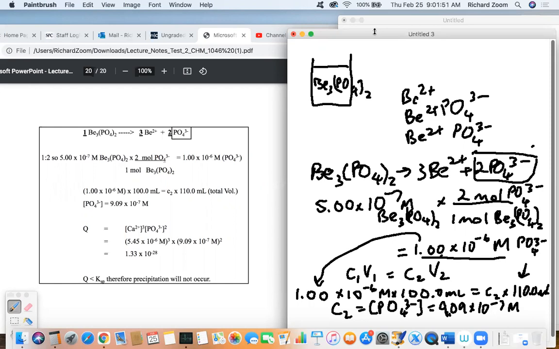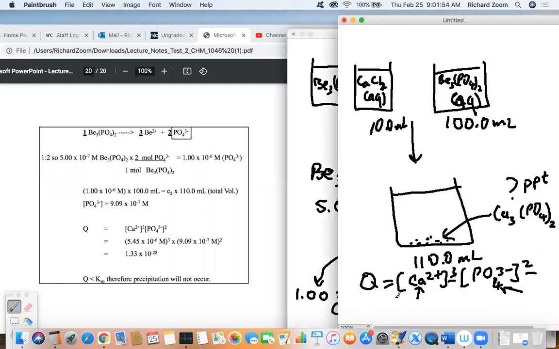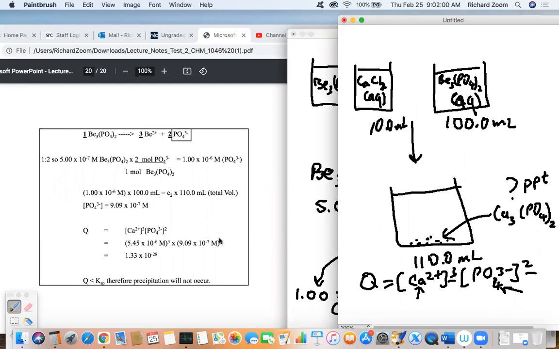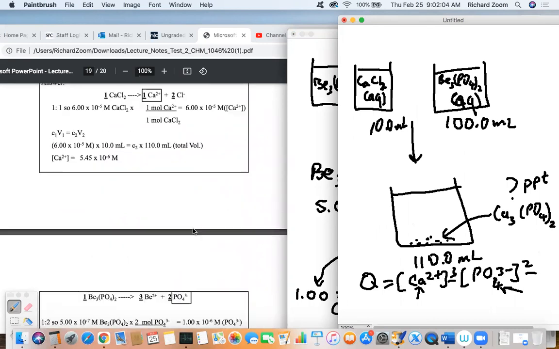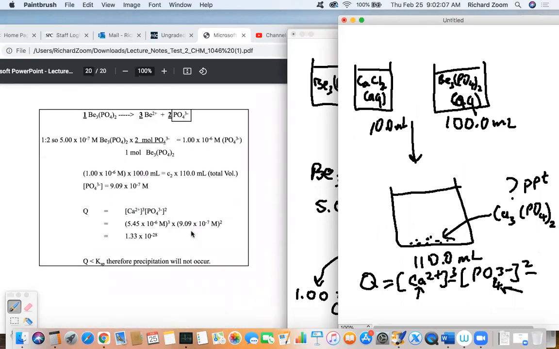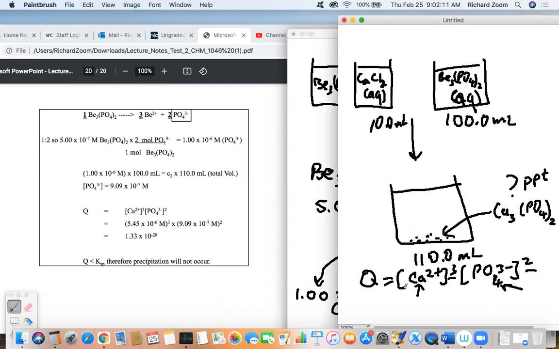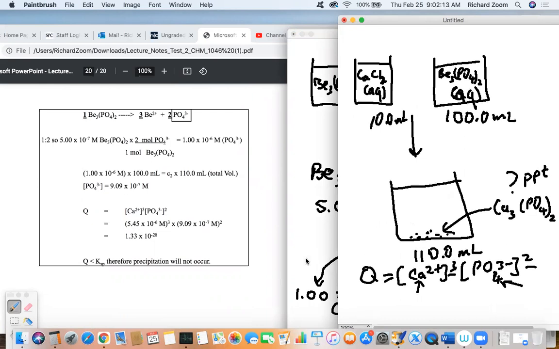Okay. Now going back to the original thing here, the Q expression we're looking for is going to be Ca2+ cubed times PO4 3- squared, based on the equation that we're given, because you are given this equation in this problem. So the Q is going to be, we're going to substitute those values in.